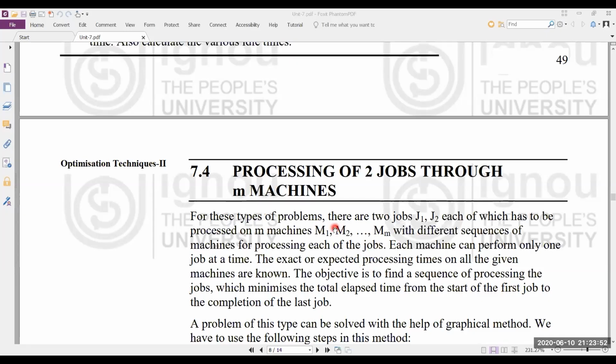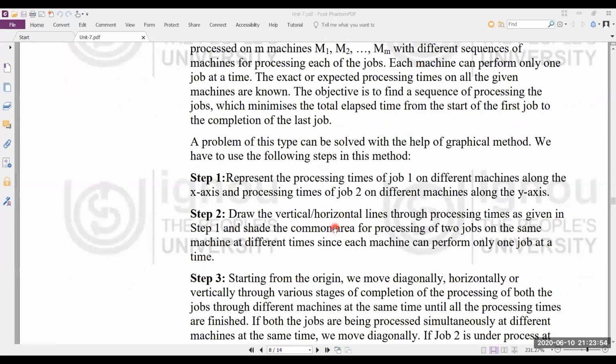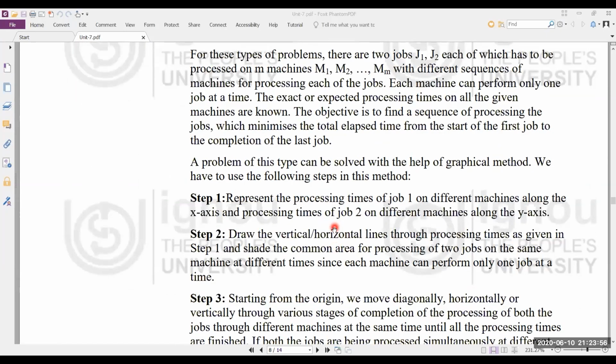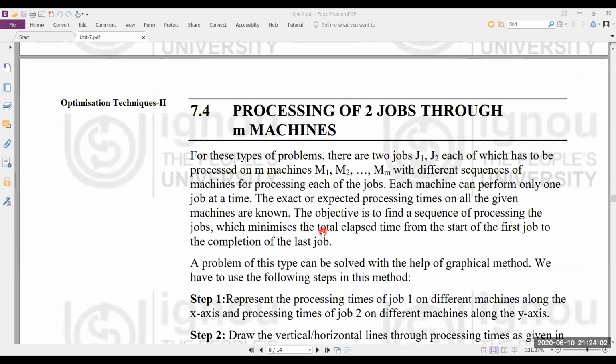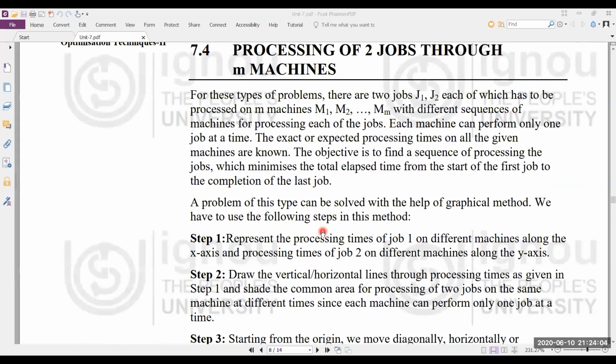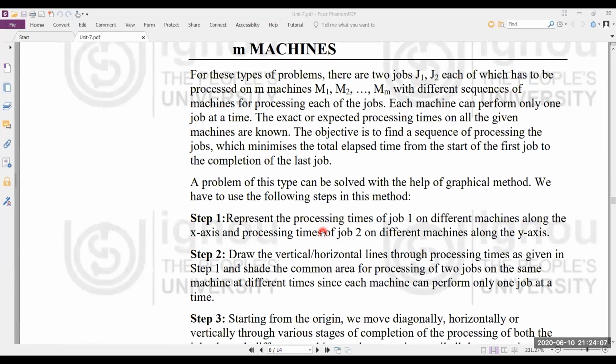There is a procedure, slightly different from the previous one. Here the sequence of the jobs is given, and we have to arrange how to perform the jobs so that the total time will be minimum and the idle times are also minimum.